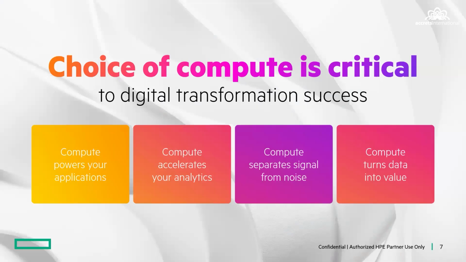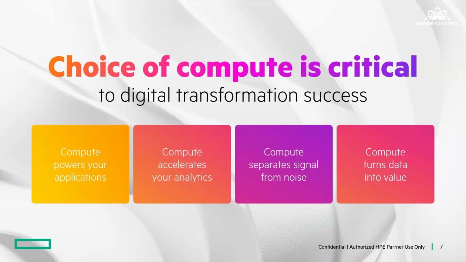Okay, next, choice of compute is critical to do your digital transformation in a successful manner. So you understand that compute can power your applications, compute can accelerate your analytics, things like AI, IoT, okay? Compute separates the signal from the noise.